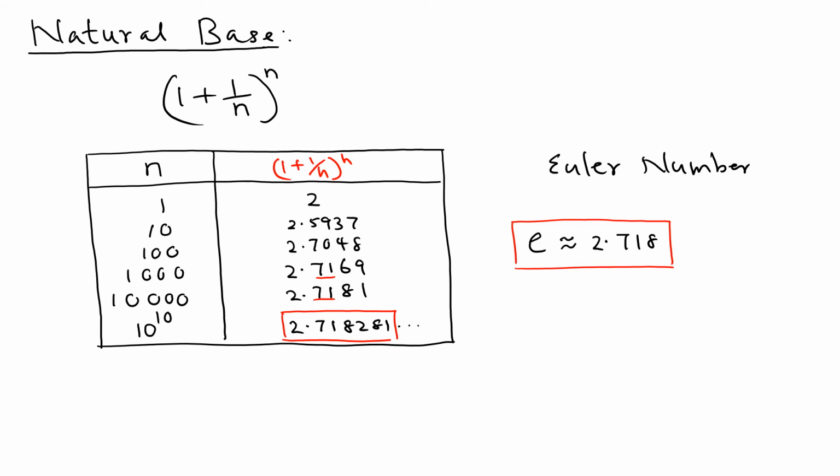For example, he introduced the sigma notation, the function notation, the i for complex numbers, and then e, the number that we just talked about. So all those mathematical notations are due to him.